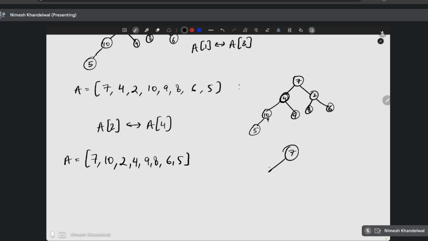So the tree for this will now be like this.